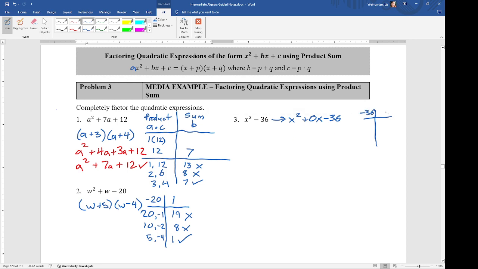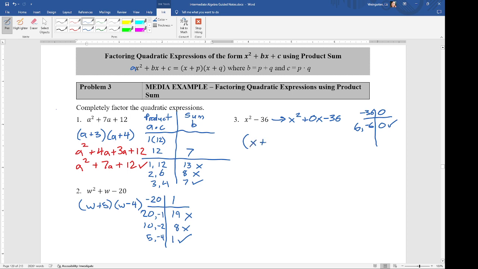Our sum is 0. We want 2 numbers that add up to 0 that are factors of negative 36. They have to be the same number, so we could basically take the square root of 36, which is 6, and have both the positive and negative, and those add up to 0. So that is going to be our solution.